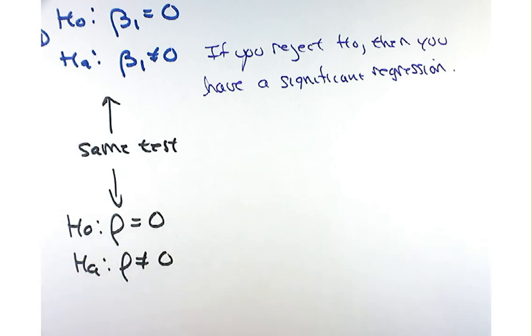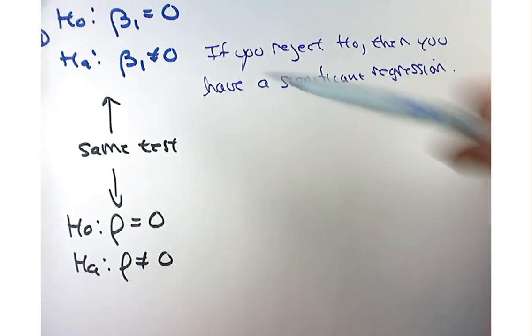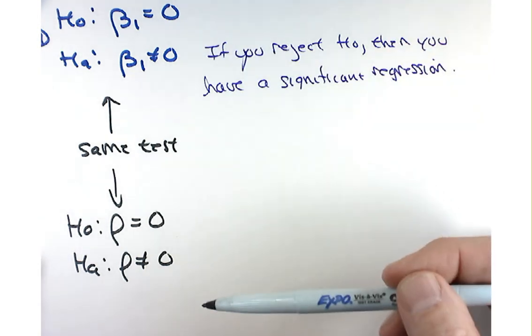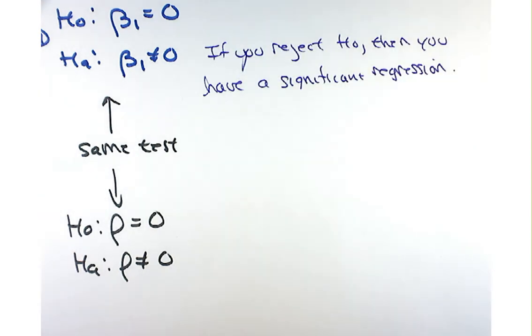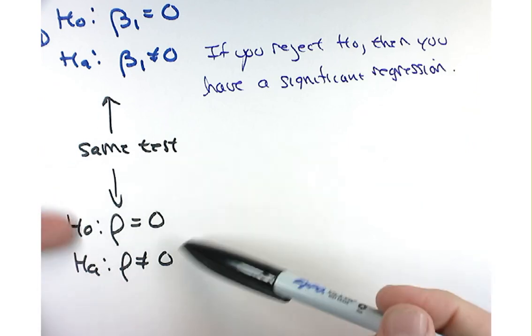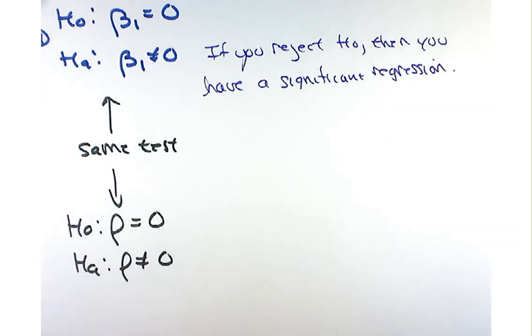It's the exact same test. StatCrunch doesn't do any extra work in testing one of these versus the other. In fact, if you think back to the menu that we went to in section 10.1, it was labeled correlation and regression because it's the same test. Okay.